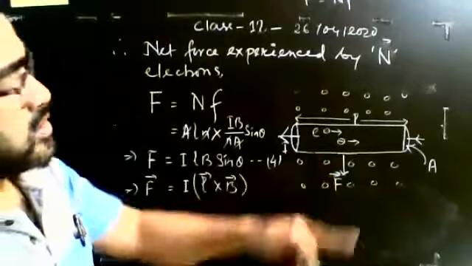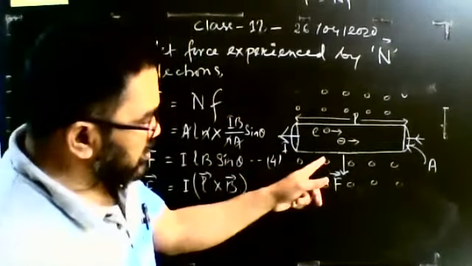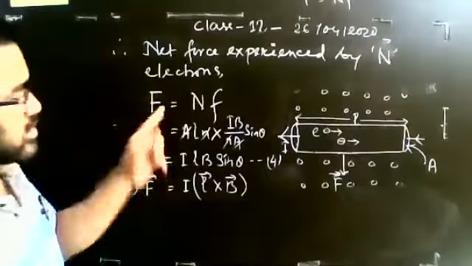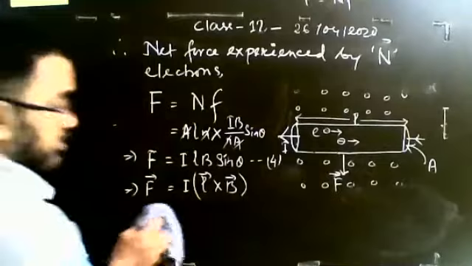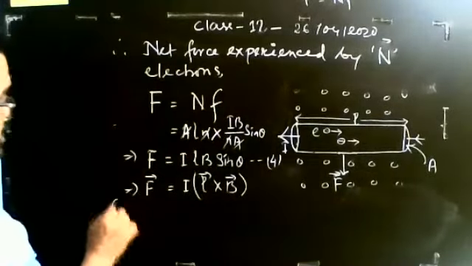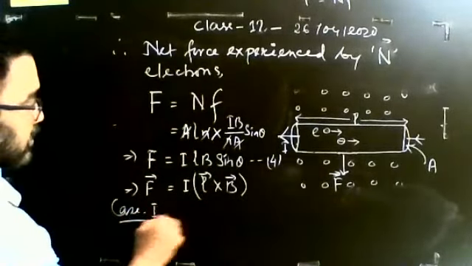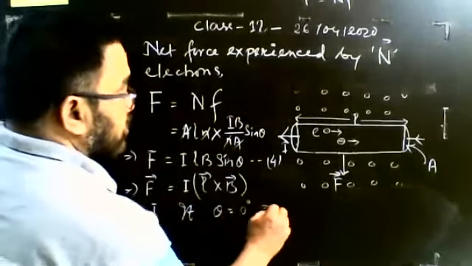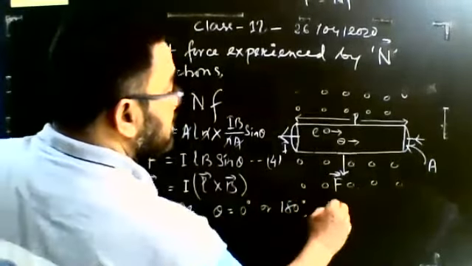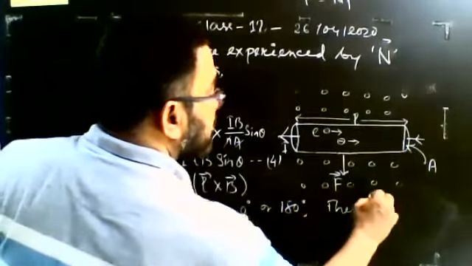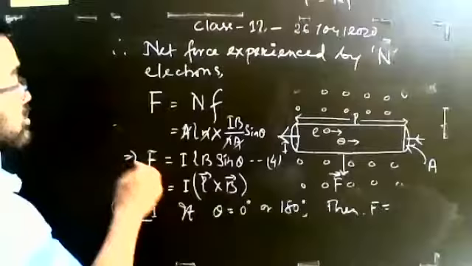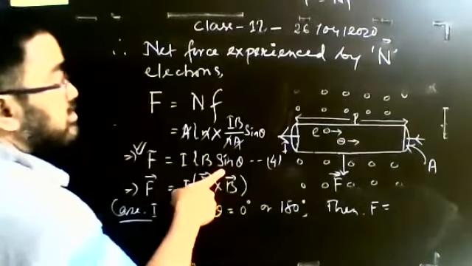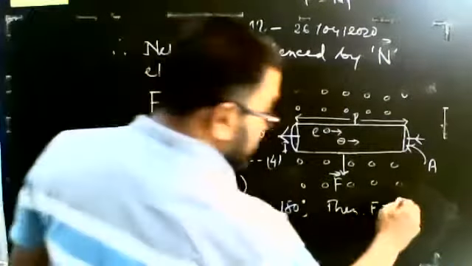All directions will be perpendicular if theta is 90 degrees. Consider case 1: if theta is equal to 0 degrees or 180 degrees, sine theta will be 0, then F will be 0.